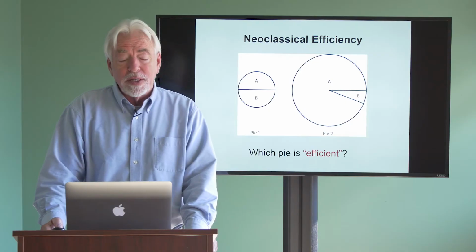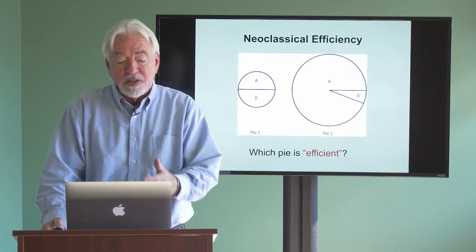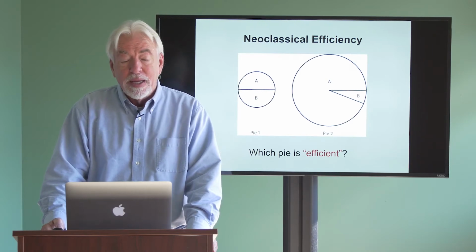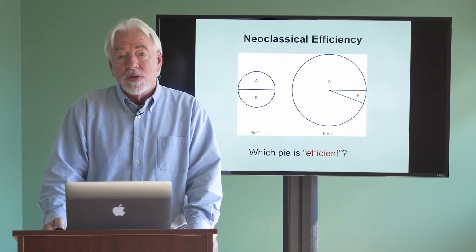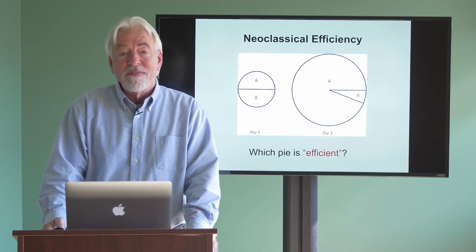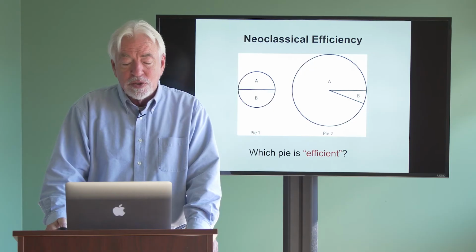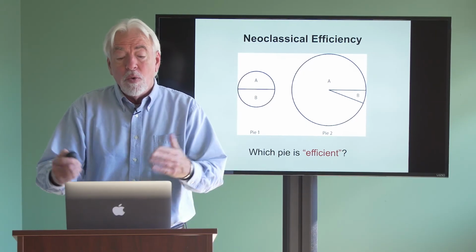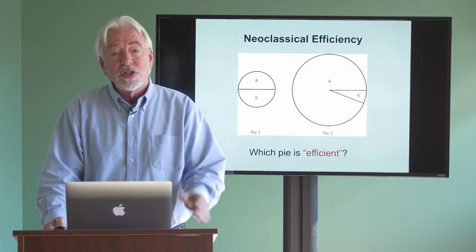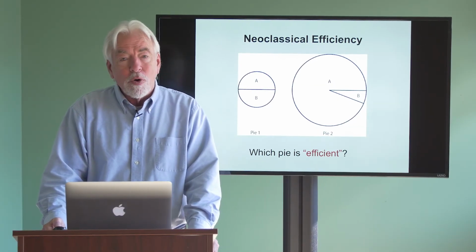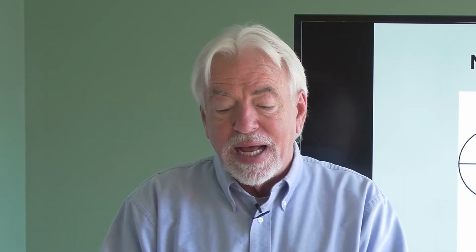Well, by the Pareto criterion, you'd say you can't judge between them because A's better off with the big pie, but B's worse off with the big pie. But if you use the neoclassical notion of efficiency as translated through the compensation test into benefit cost analysis, you'd say, oh, well, the bigger pie is more efficient because A could in principle compensate B and still be better off. Neoclassical efficiency means picking the bigger dollar pie, regardless of how it's sliced.